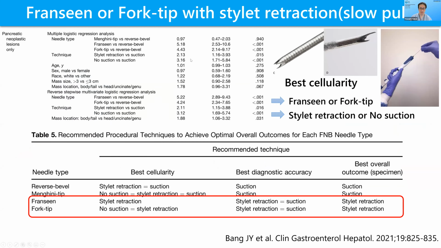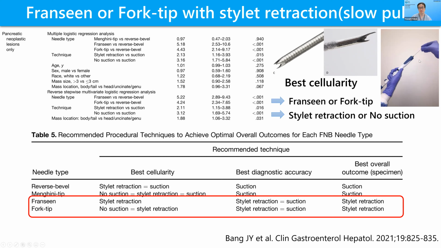And there are so many variables, but in the end, the best needle is a Franseen or fork-tip needle for pancreatic lesion. And the suction is not always necessary. We can use a slope technique like this picture when performing the FNA.